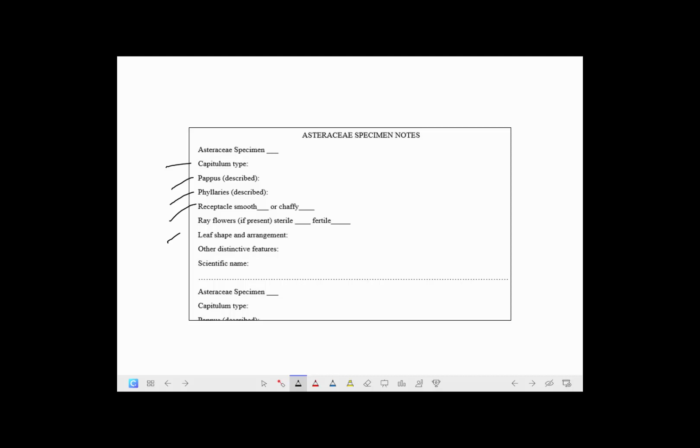Do they look like they can form fruit or not? And a little bit about the leaves, anything else that's distinctive, and what is the darn plant? So we'll take notes on a number of our Asteraceae until we get so good at it that we're doing it naturally. So let's key out these lovely, beautiful sunflower family members.